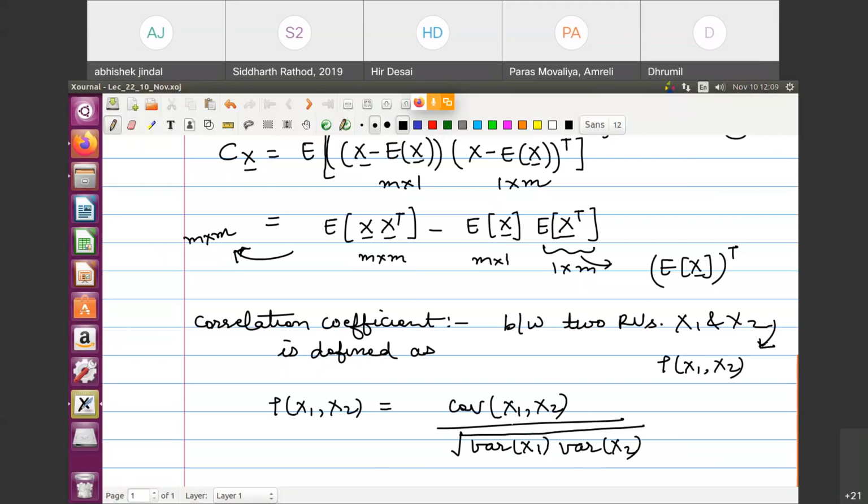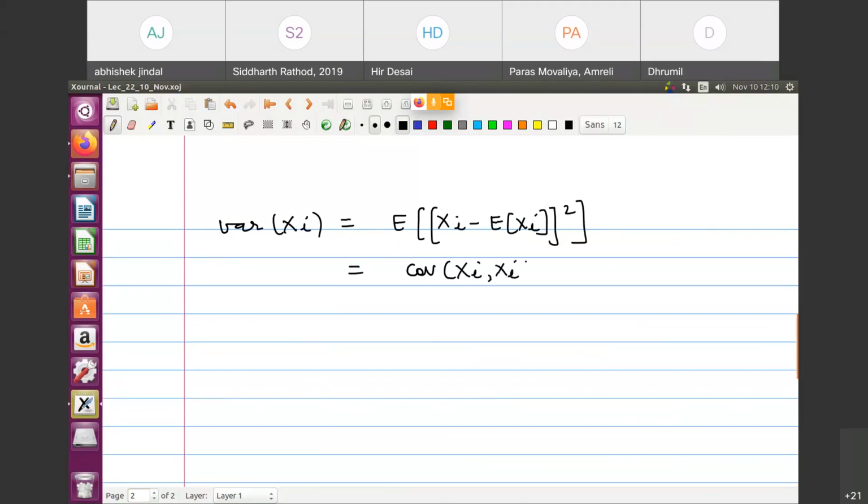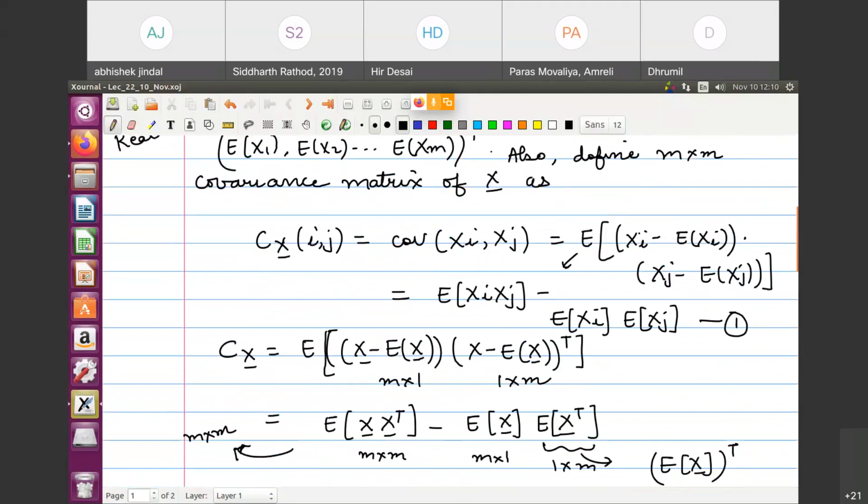What is the variance of x1 and x2, or variance of xi? You can obtain it quite simply like this. If you recall, the variance of xi is nothing but the expectation of (xi minus E[xi]) squared. This is the covariance of xi with itself. We defined the covariance between i and j as expectation of (xi minus E[xi]) into (xj minus E[xj]).